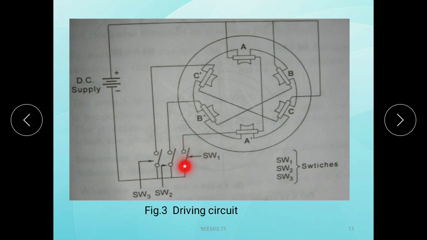Switch 1 is connected to A dash and A in series, switch 2 is connected to B dash and B in series, and switch 3 is connected to C dash and C in series. The supply is common for all of A, B, C.